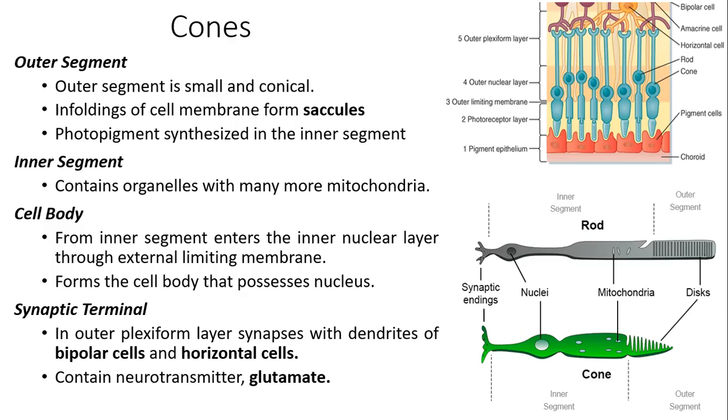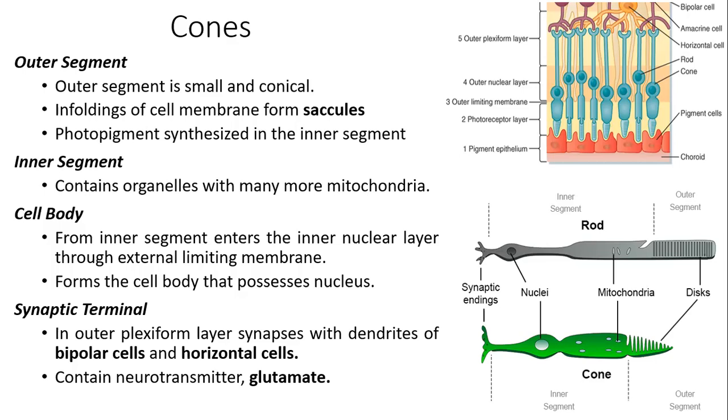Inner foldings of the cell membrane form circulars. Then we have the photopigment synthesized in the inner segment. When you look at the inner segment, it contains organelles with many more mitochondria compared to the rods.